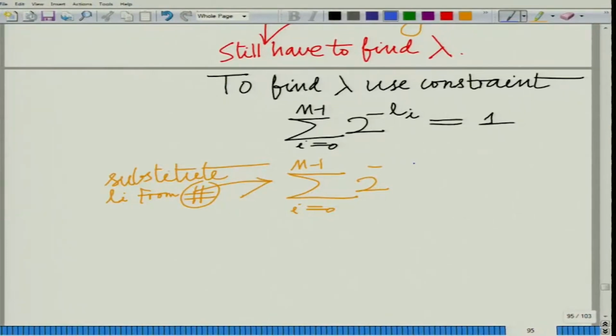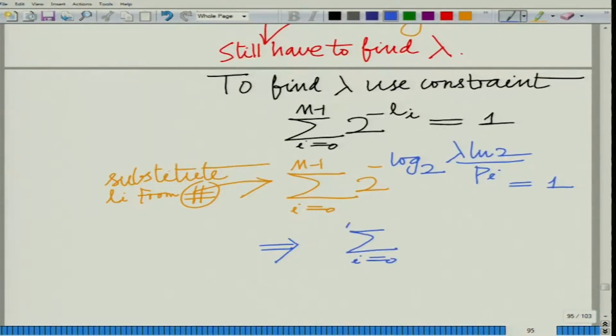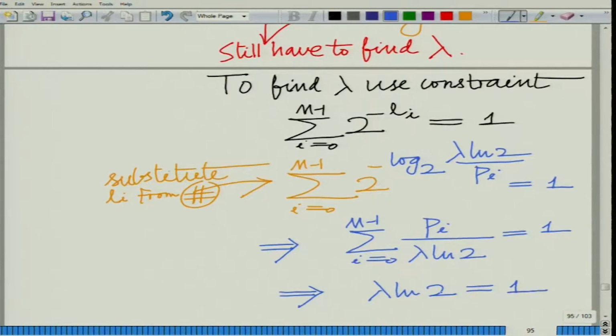So that will be 2 to the power of minus log to the base 2 of lambda ln 2 divided by pi, equal to 1. Now 2 to the power of minus log to the base 2 of lambda ln 2 divided by pi is nothing but pi divided by lambda ln 2, summed over i, which is equal to 1. Now we know summation pi is equal to 1, this implies simply that lambda ln 2 is equal to 1.